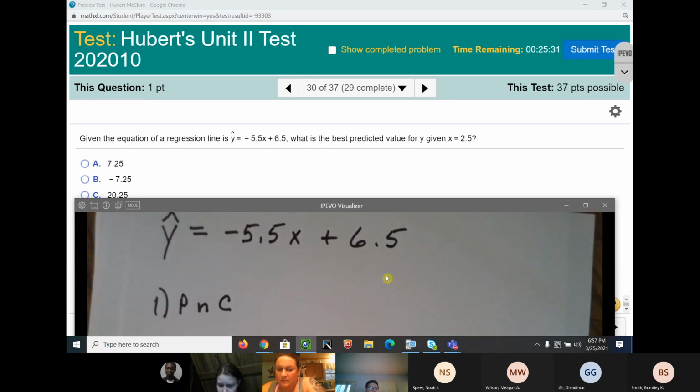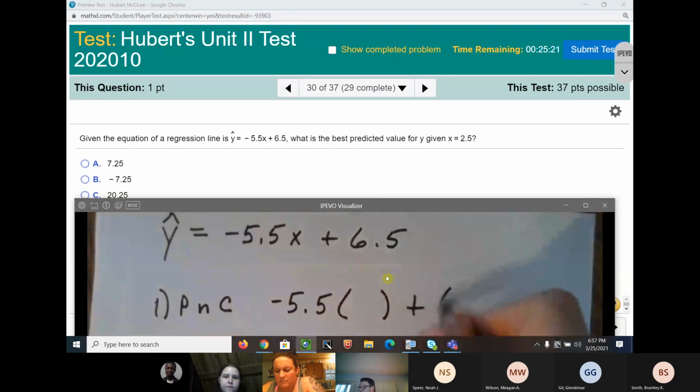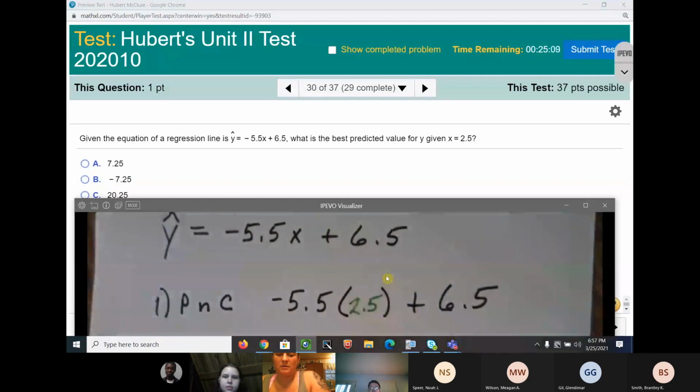Now, if you don't know how to use the table function very well, then you plug and chug. So negative 5.5 times parentheses plus 6.5. And what do we plug in? 2.5. Somebody crank that out for me.